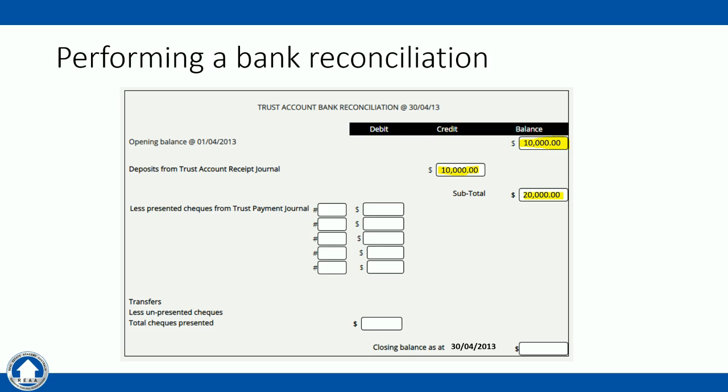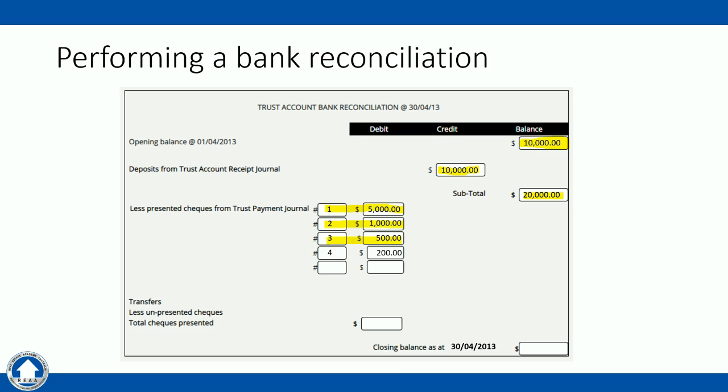of the trust account. So we will enter in our check numbers and the corresponding amounts. So I'm going to just use basic numbering of 1 through to 5 for the checks. And I'm going to say check 1 was for $5,000. Check 2 was for $1,000. Check 3 was $500.